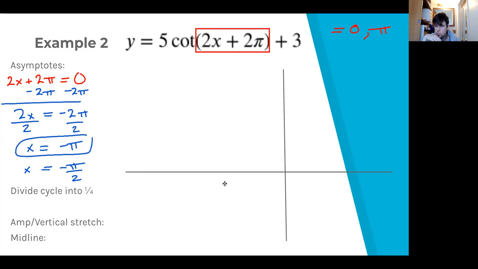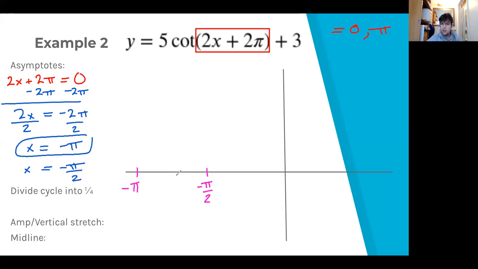Unlike some of the previous ones, I'm going to need to do some scaling here. I recommend using one of the default scalings, because we're not going to make the tangent and cotangent equations all that confusing. Our farthest left one is going to be this negative pi, so let's put that one over here. Pi over 2 is half of that, so negative pi over 2.